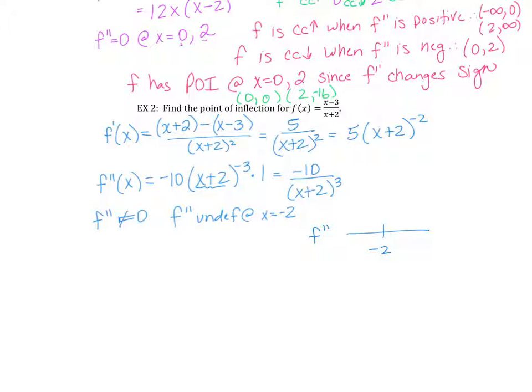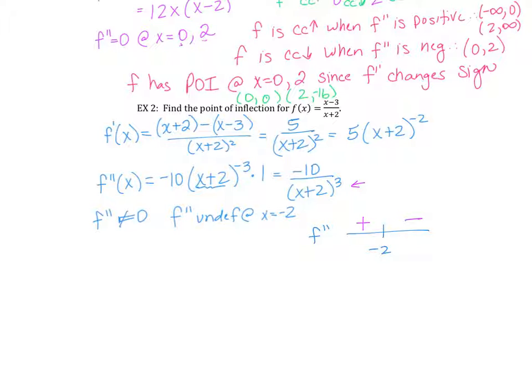The top is always negative. If I put in a number like 0, my bottom would be positive. So overall, that's going to be negative. But if I put in a number like -3, the denominator will also be negative. So a negative divided by a negative is positive. Okay, so I have a POI at -2 because my derivative changed sign.